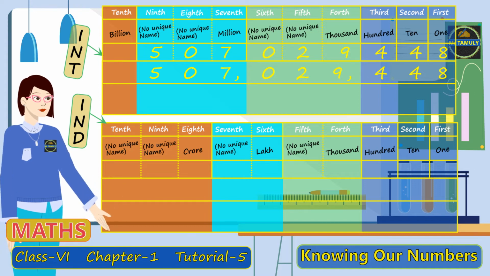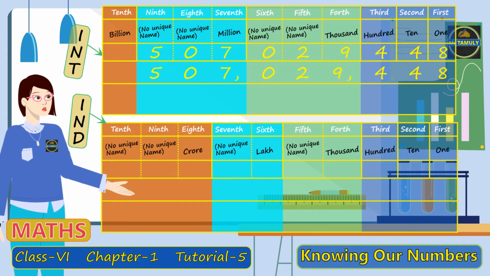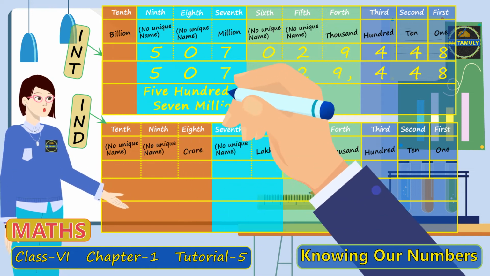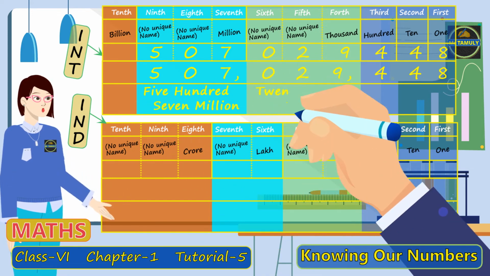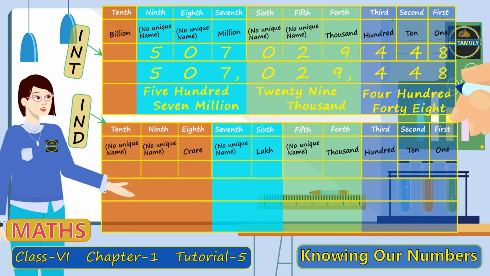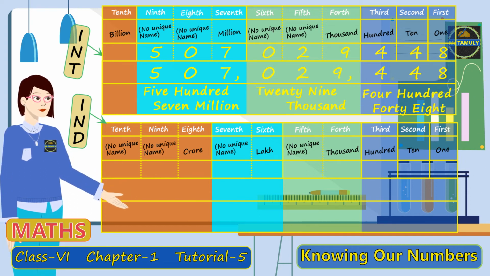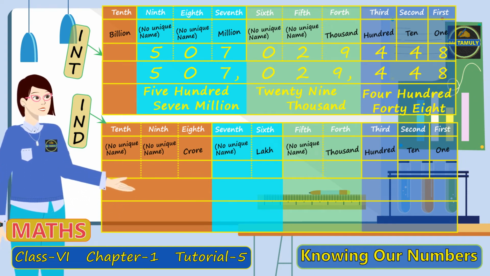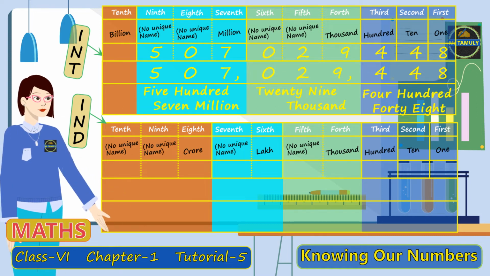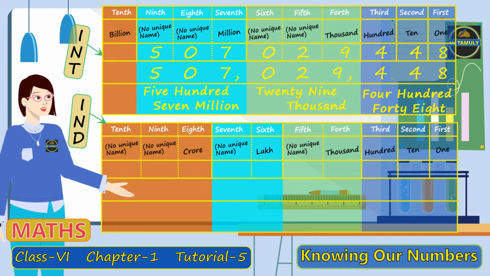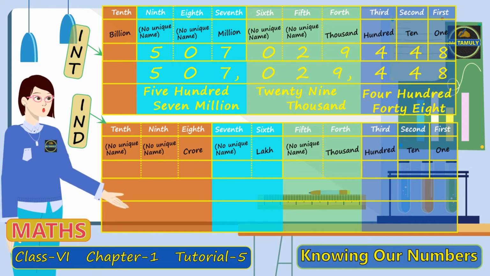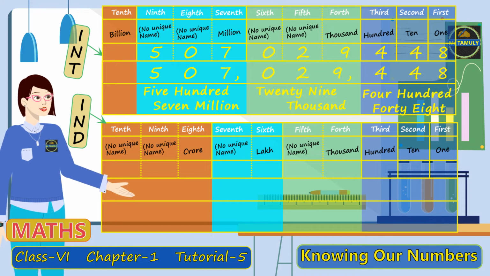Now we can easily make out that the name of this number is 507 million, 29 thousand, 448. With more and more practice with random numbers, you will surely be able to name large numbers even without the use of commas. But it is always better to use commas in order to avoid possible mistakes.